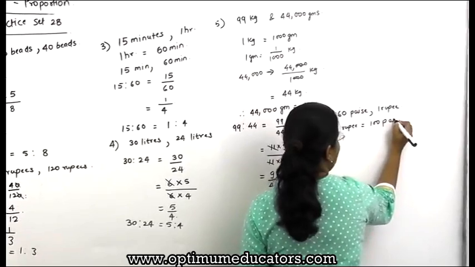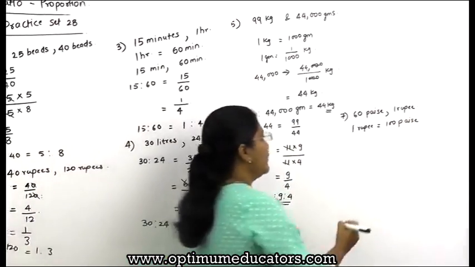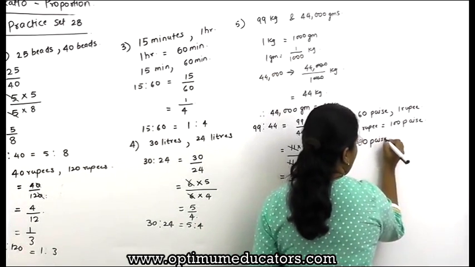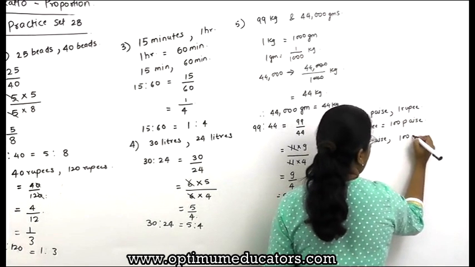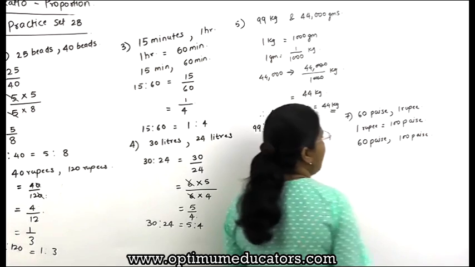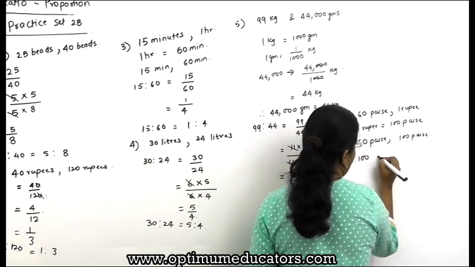Do you really know this? Yes, 1 rupee is 100 paise. So it is the same as saying 60 paise to 100 paise. So 60 is to 100.